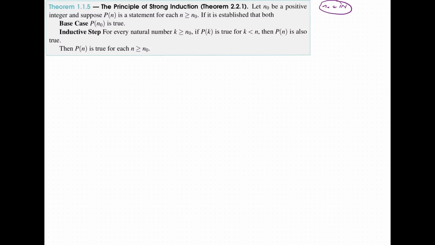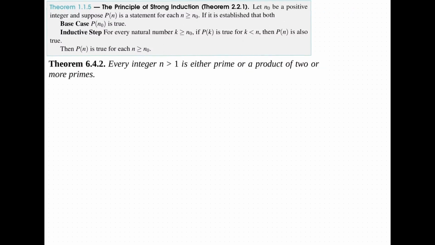To see how this principle of strong induction is valuable in a way that the principle of mathematical induction fails us, next we are going to see how strong induction allows us to prove the following theorem. Every integer n greater than 1 is either prime or a product of two or more primes.